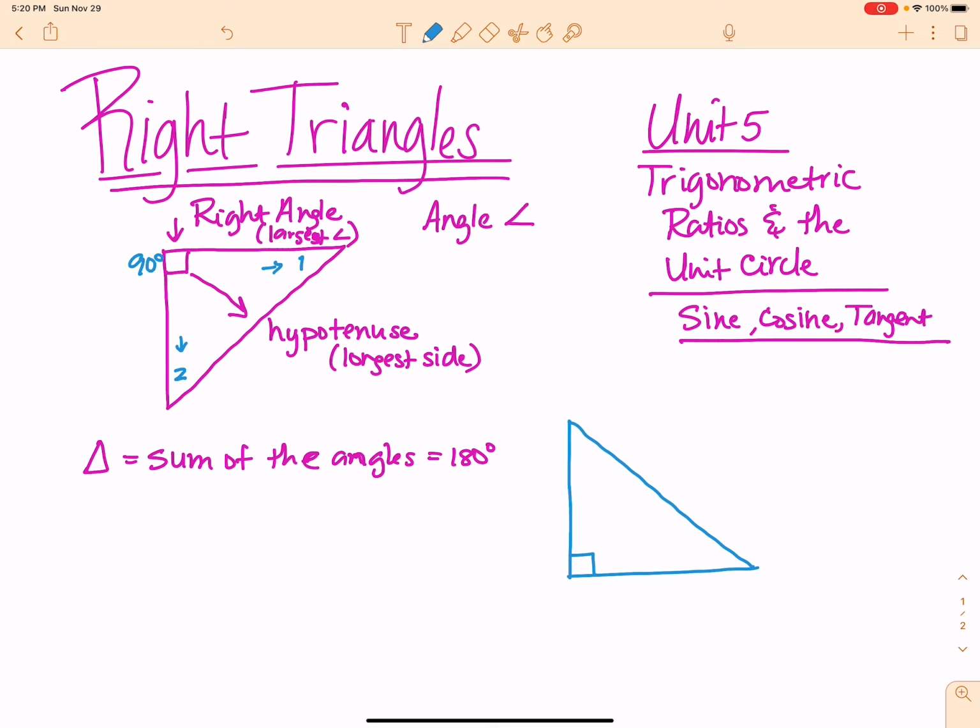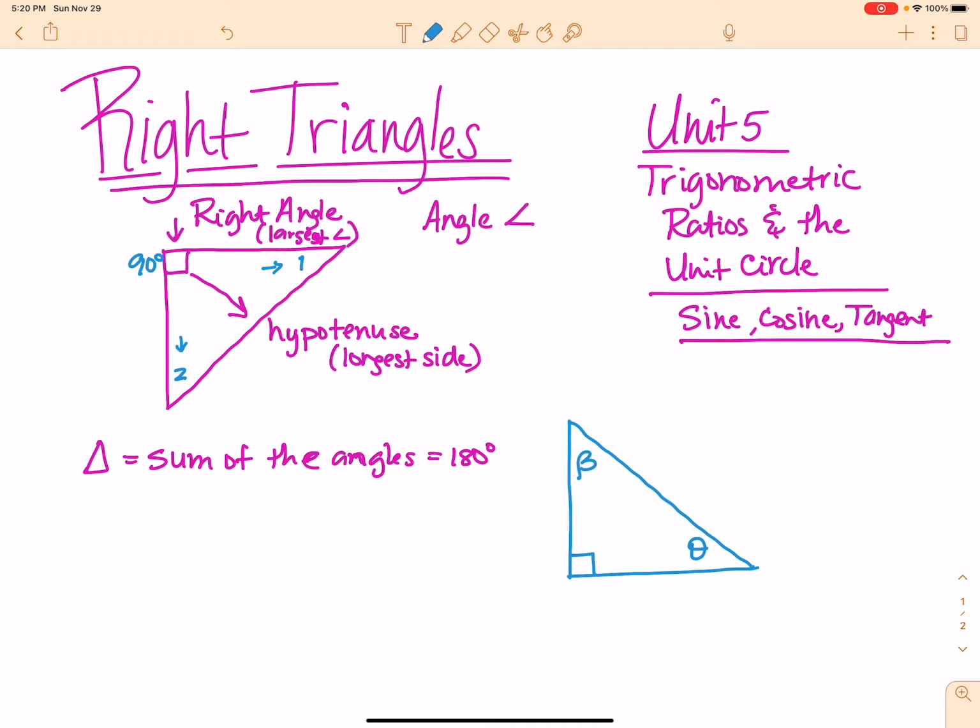So for instance, let's say I've got this right triangle and I'm going to use theta, the Greek letter theta. I'm also going to name this angle up here angle beta, the Greek letter beta. This is just common practice in math. We often use Greek letters to designate angles.